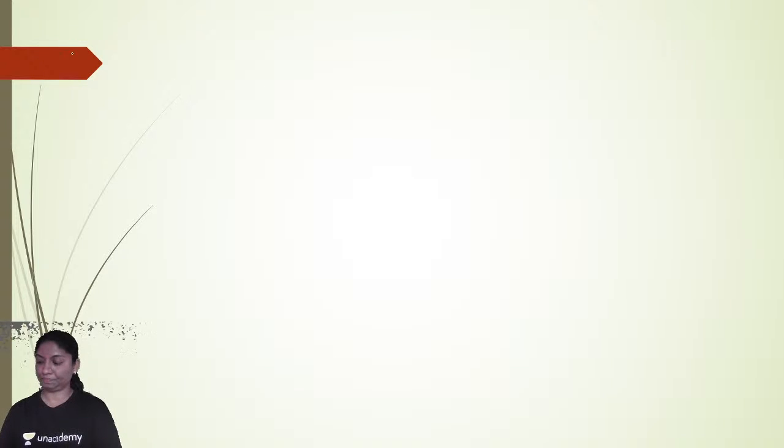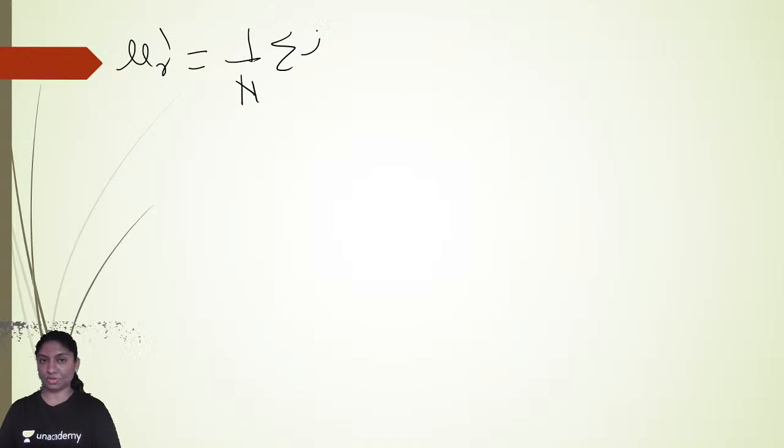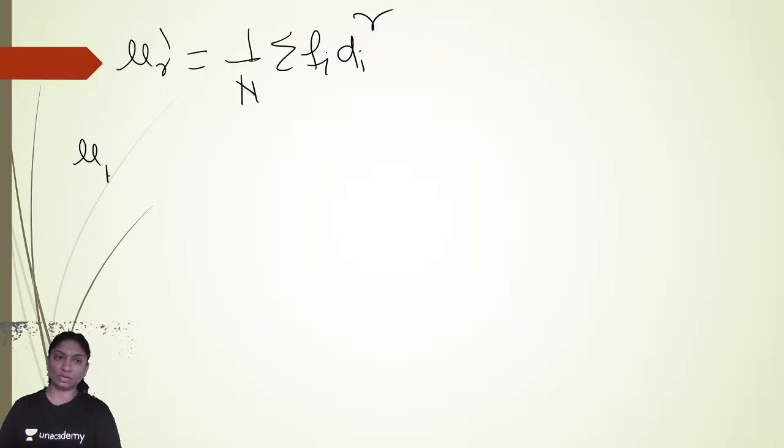Okay. Now every value we got here. Now we will find out moments about any point. So mu r dash is equal to 1 upon n summation of fi into di raised to r. Now put r is equal to 1: mu1 dash is 1 upon n summation of fi di raised to 1.